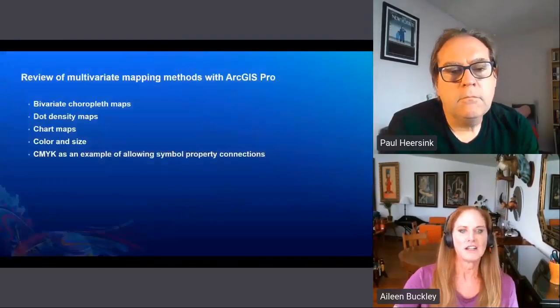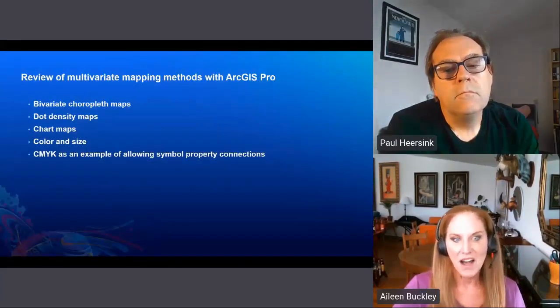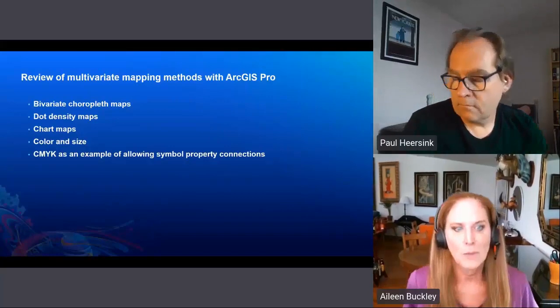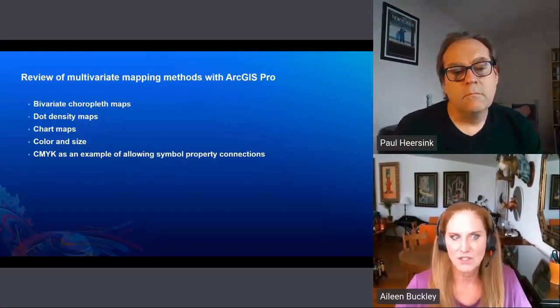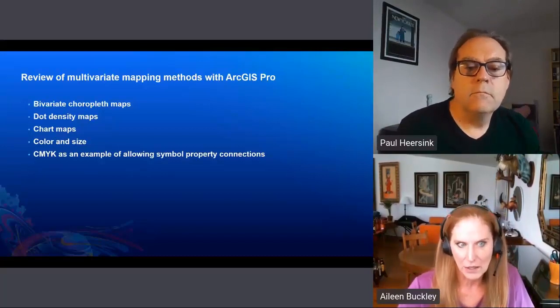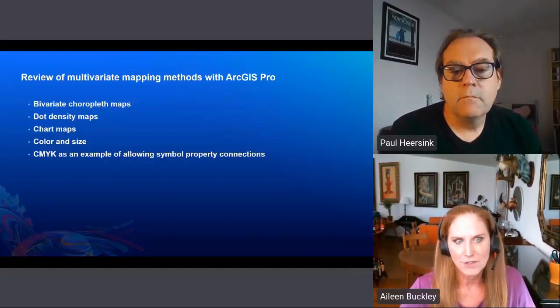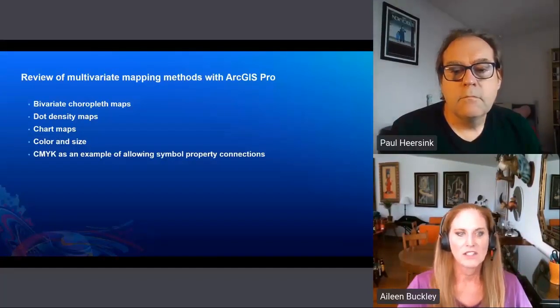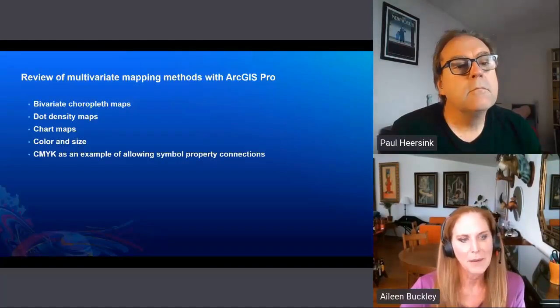So before we move on, let's just review what we've covered so far. We talked about bivariate choropleth maps and how to format the color schemes. Plus, we showed you the new option to search for tools in ArcGIS Pro 2.8. We looked at dot density maps and how to use blend modes for layers and features. We looked at chart maps and how to combine them with other layers such as choropleth map.